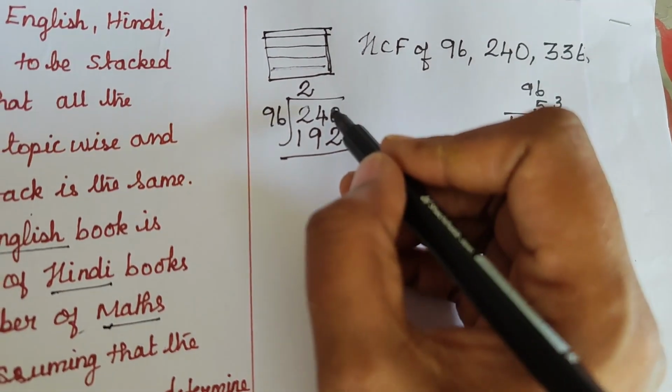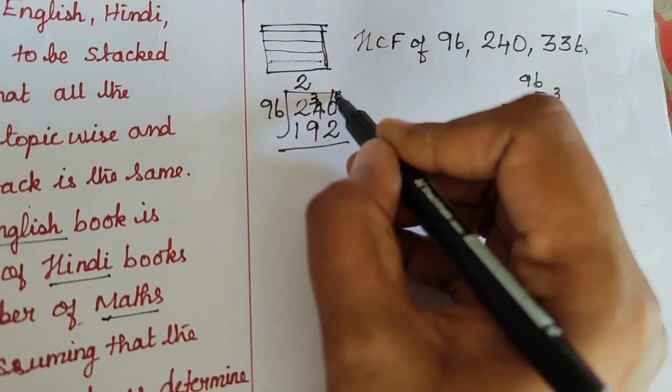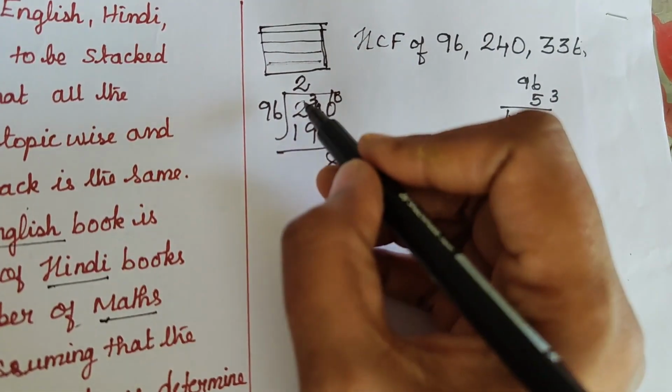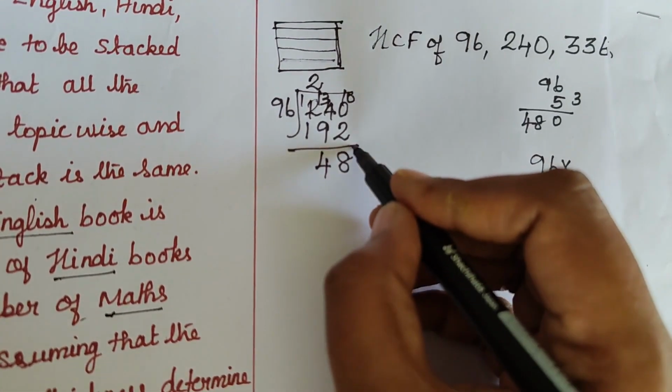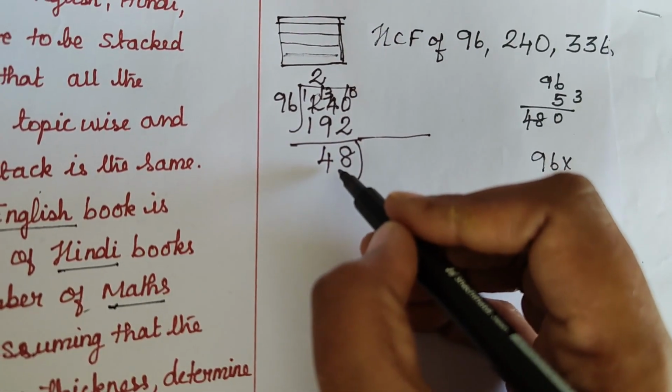On subtraction, I will get 48. Divide this, 48 becomes the divisor.